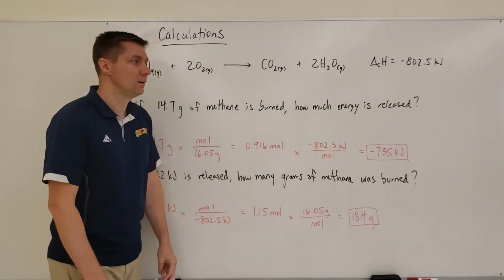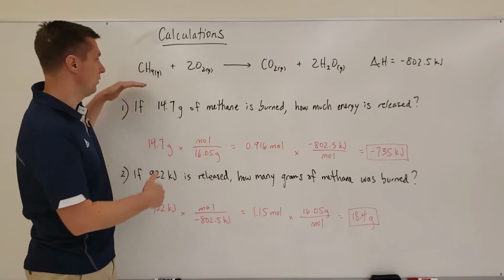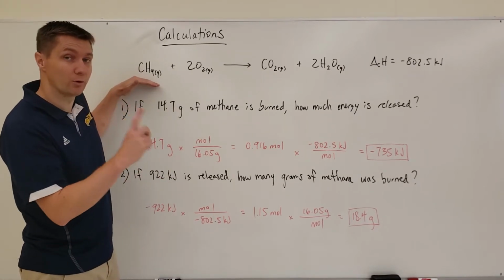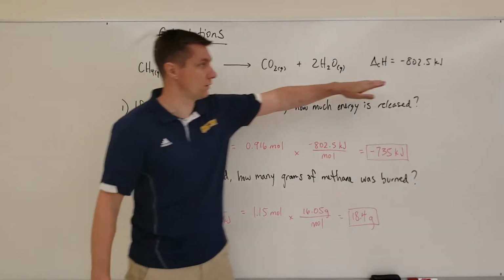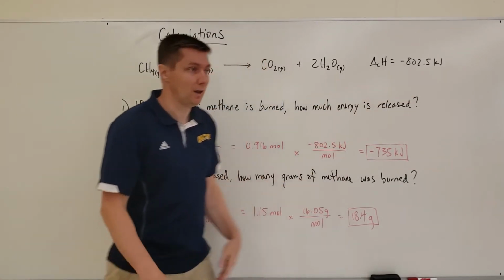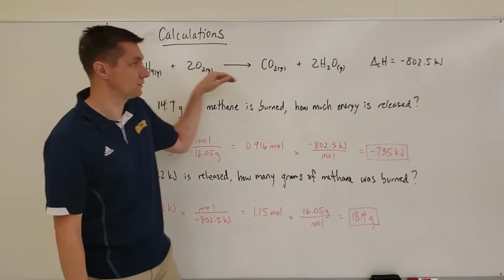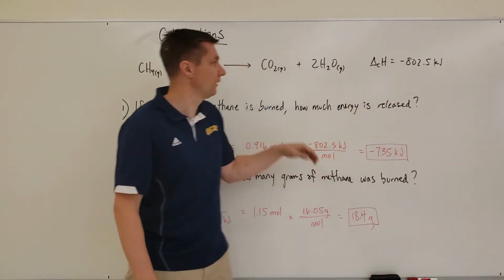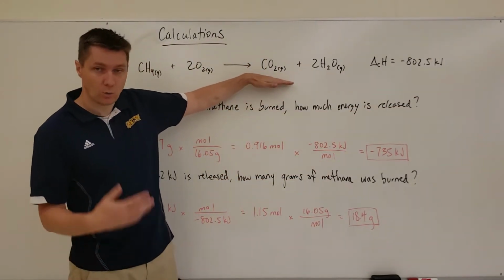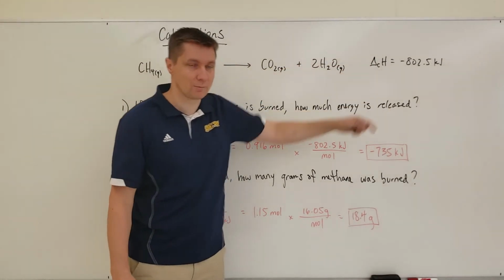Now with that comes the understanding that if I burn 1 mole of methane, that's going to produce this much heat. And if I react 2 moles of oxygen in this reaction, then it's going to produce this much heat. And if I make 1 mole of carbon dioxide, it's going to produce that much heat, and so on.